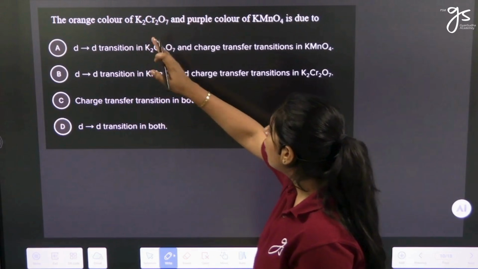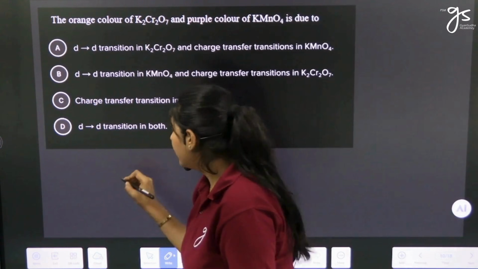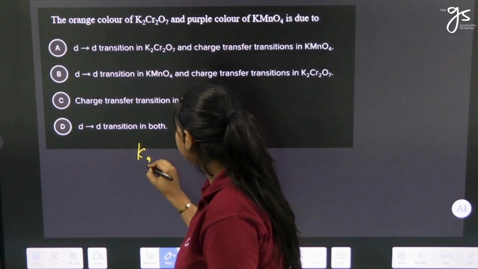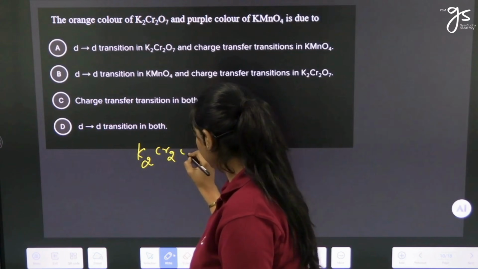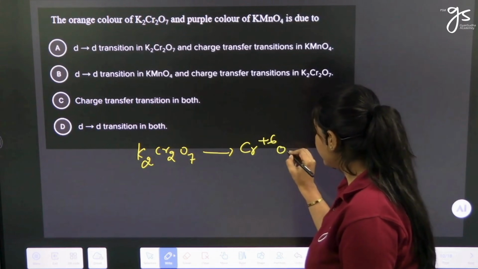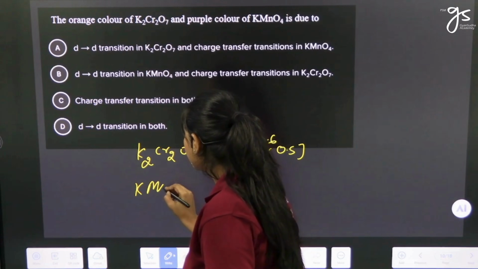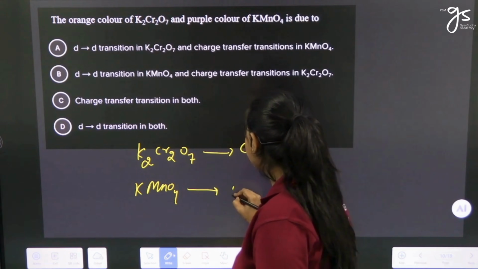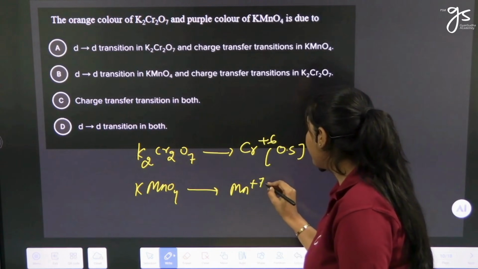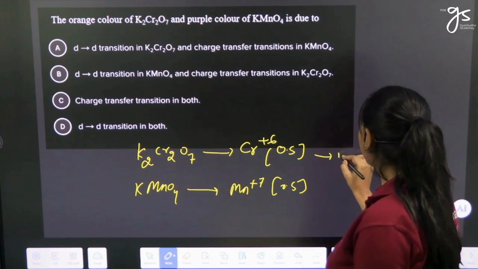The orange color of K2Cr2O7 and purple color of KMnO4 is due to. So first of all, we will see both the compounds, that is potassium dichromate K2Cr2O7. In this case, chromium is in +6 oxidation state, while in KMnO4, that is potassium permanganate, manganese is in the highest oxidation state, +7. But you see there is no d-d transition.